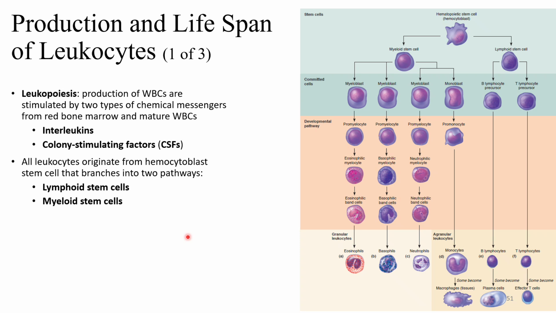All leukocytes originate from the same great grandmother cell, and they branch into two pathways, the lymphoid stem cell and the myeloid stem cell. Instead of EPO, you have the interleukins, usually numbered, if my memory serves me right, interleukin 3 and interleukin 5. Then you have the colony stimulating factor, which is named after the white blood cell they stimulate.